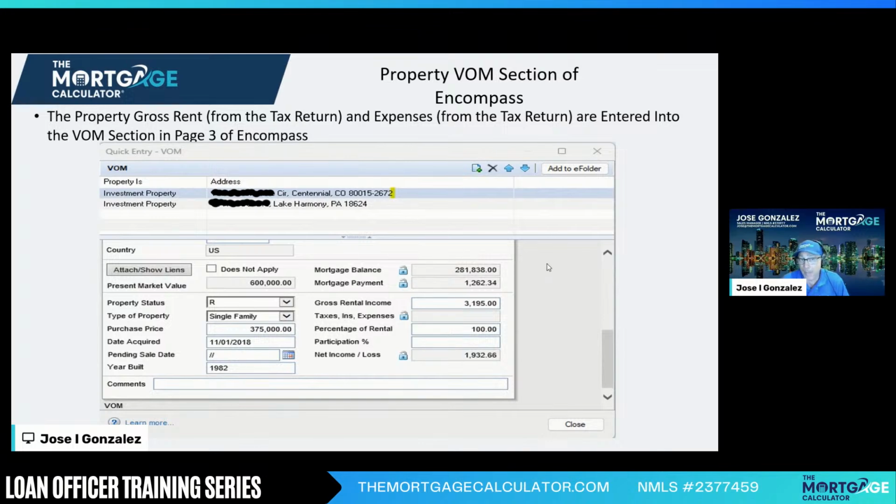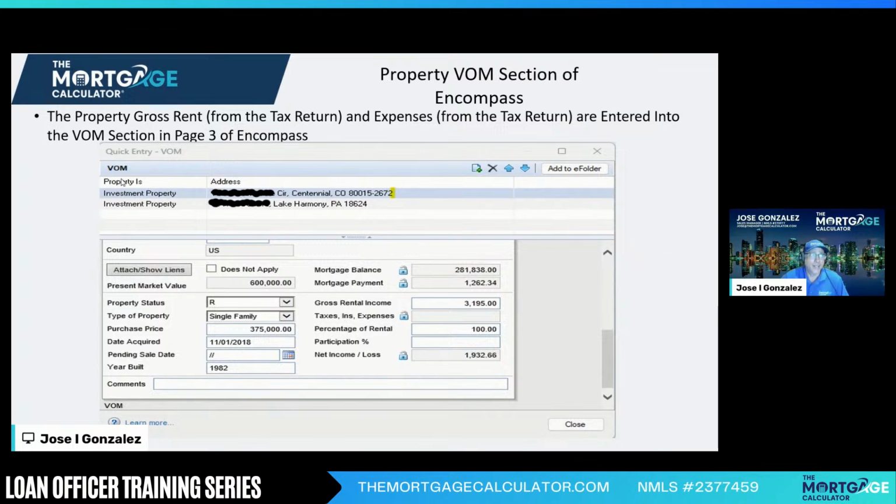It's a tab on part 3 or page 3 of the application in Encompass, and the tab says REO, right? So you click on that, and it opens up all of the investment properties, all the properties on the schedule of real estate owned for the borrower, right?